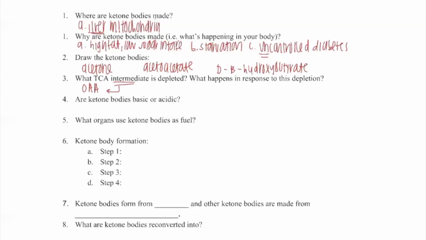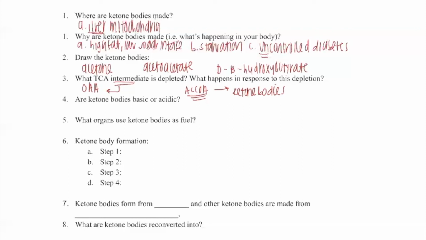And what happens in response to this depletion is we're going to be making acetyl-CoA into ketone bodies. We've already covered beta oxidation, and you have seen that we get a lot of acetyl-CoA from fats. So that is where this acetyl-CoA is coming from to make ketone bodies.